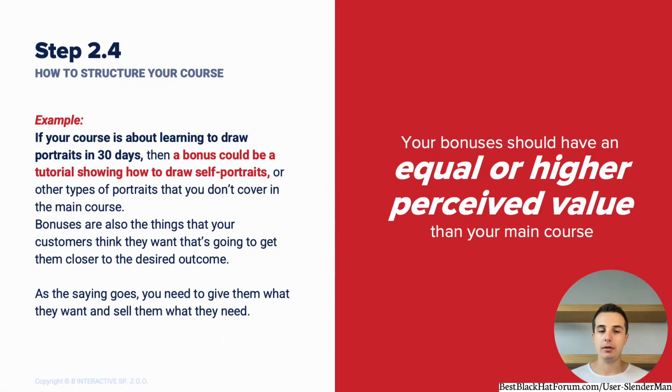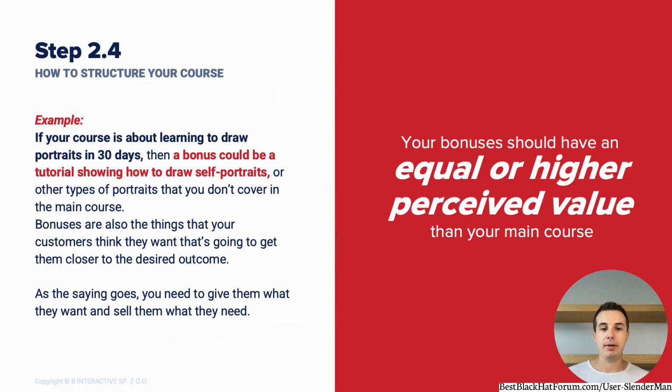Or any other type of portrait that's not a self-portrait. And then the self-portrait training is something that you give them in a bonus, so that apart from learning the main thing they want to learn, they can also learn all of these other things that you give them in the bonuses, right? So in your course offer, you're going to be describing your bonuses separately from your main course offer.